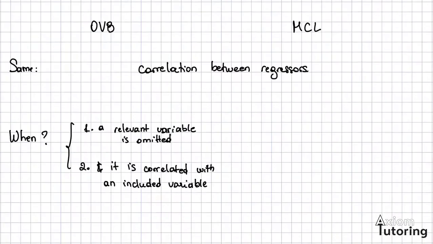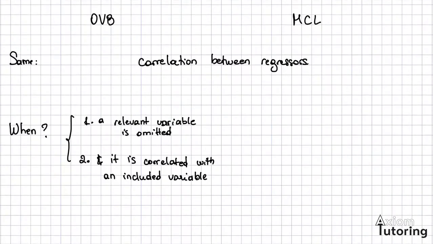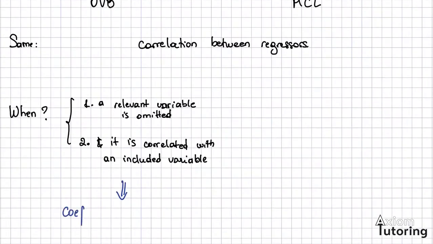The end result, because you are missing something very important, is that the coefficient is biased. The model is misspecified, and the estimate you get is systematically wrong. The key word with biased is that even with infinite data, you would still get the wrong answer.